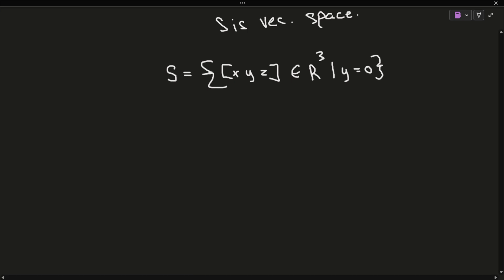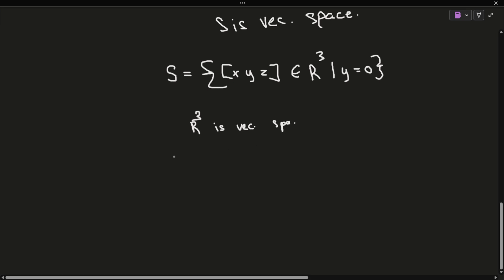Okay, and so R3, from the same logic as M2 by 2, is a vector space. So we only need to consider our first theorem, our subspace theorem, which is those two propositions. And so considering those two propositions, let's say we have two arbitrary elements.